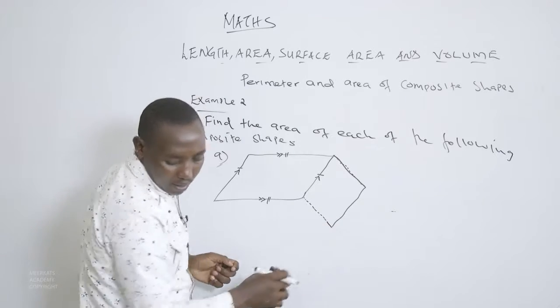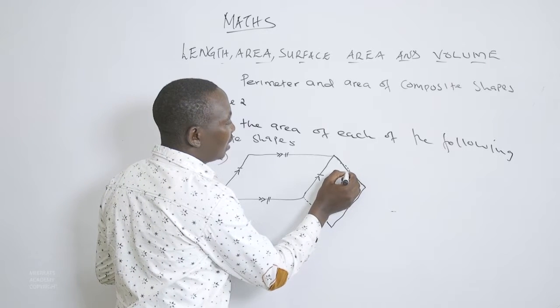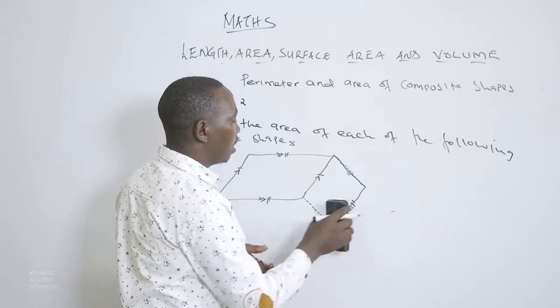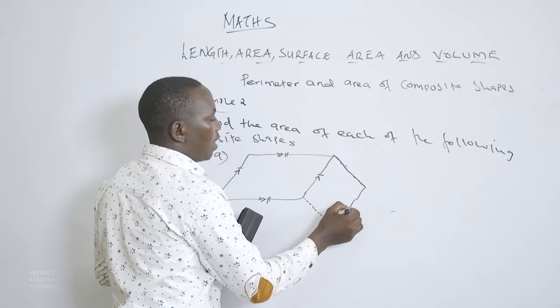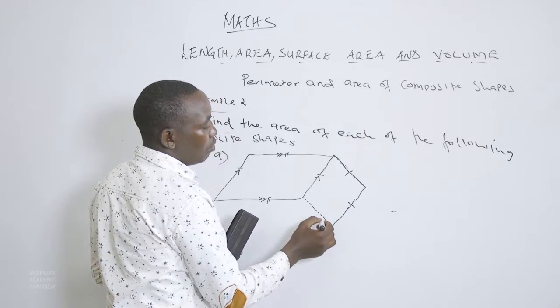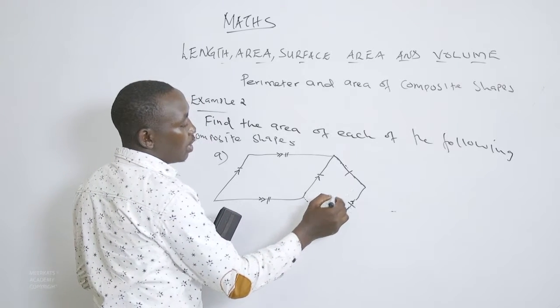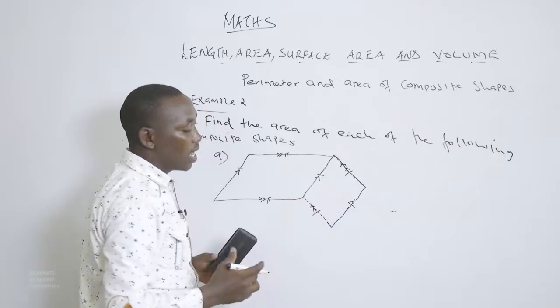We have a square that has been attached to it, where all the sides are going to be equal. And because this side will be equal to that side, will be equal to that side, will be equal to that side, and the two are going to be parallel, the two are also going to be parallel.